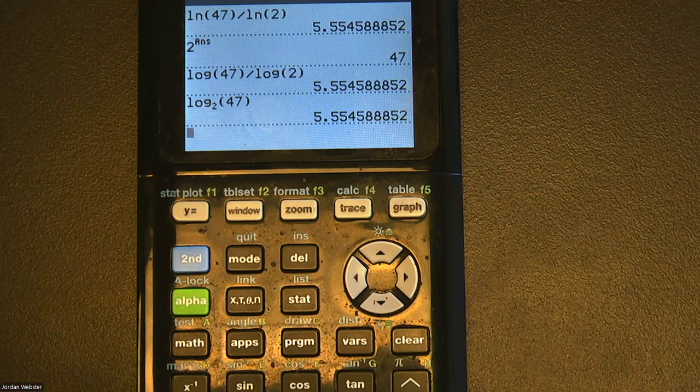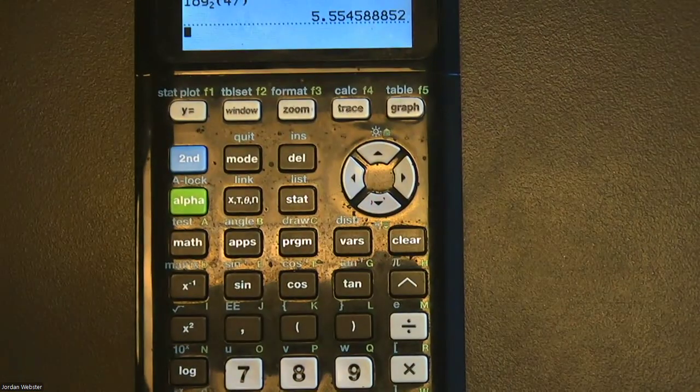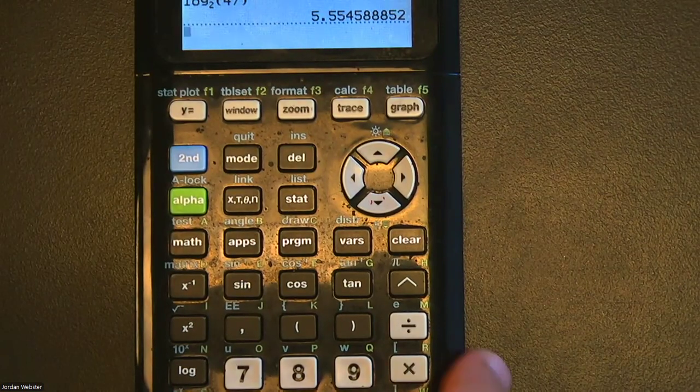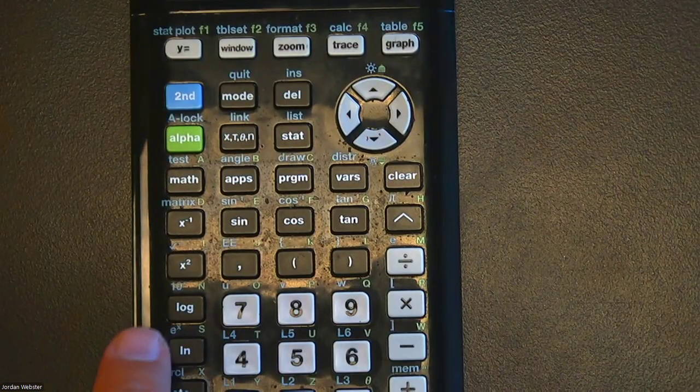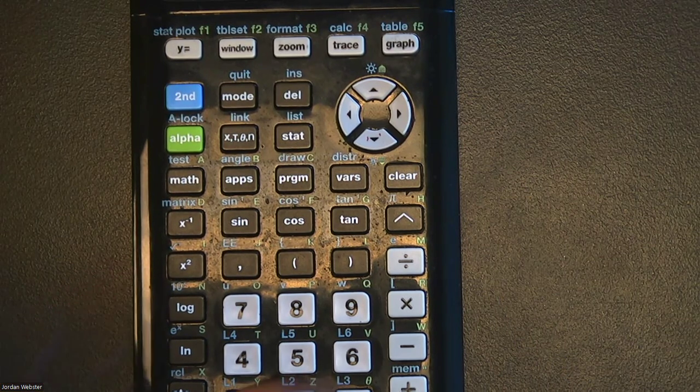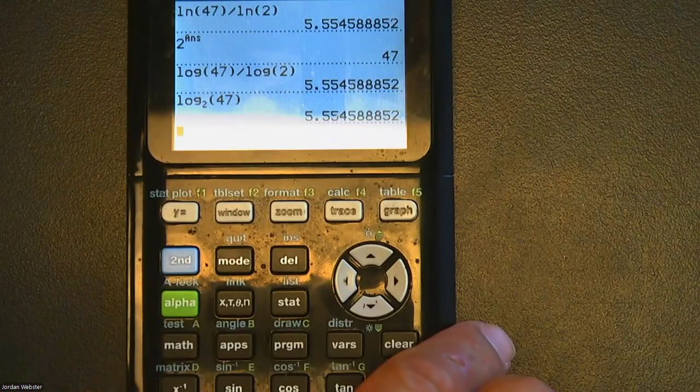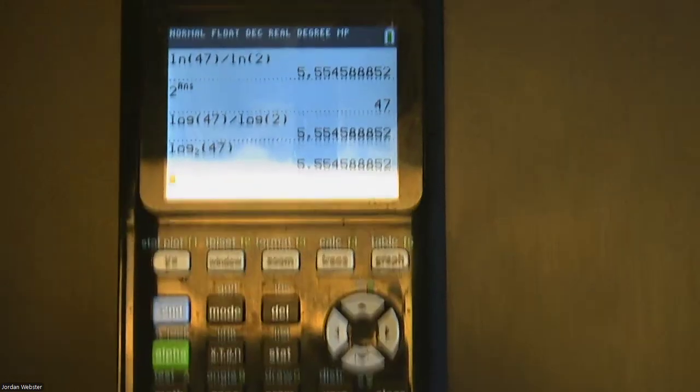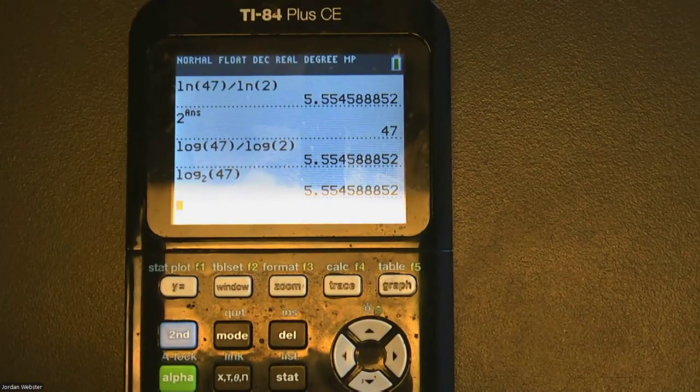So if you want to do log of any other base other than natural log or base 10, we have the natural log down here and the log base 10 right here, next to the 7 and the 4, essentially. Any other base you can do as well.